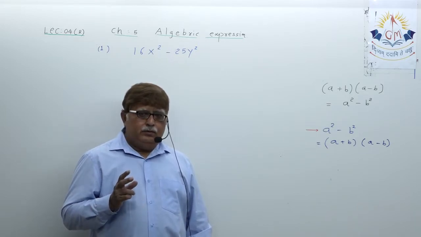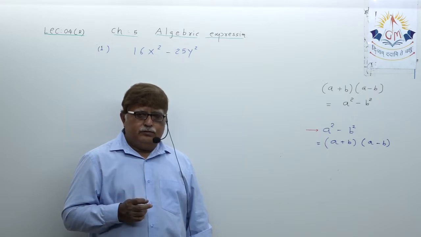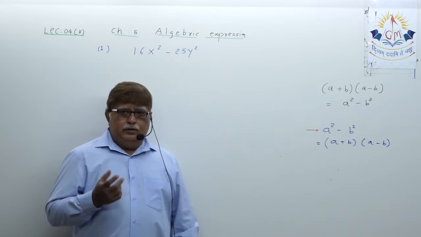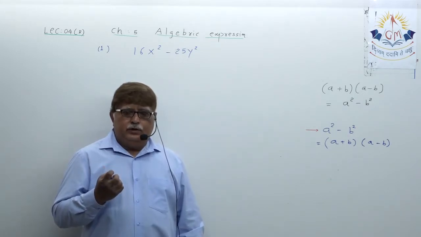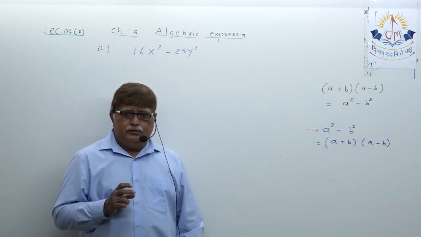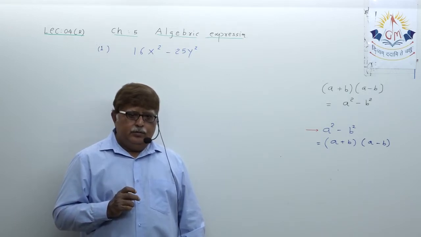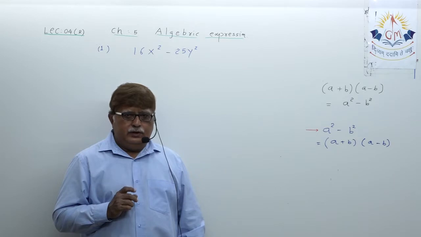I have in 3 lectures explained the application and utilization of two identities already, a plus b whole square and a minus b whole square.